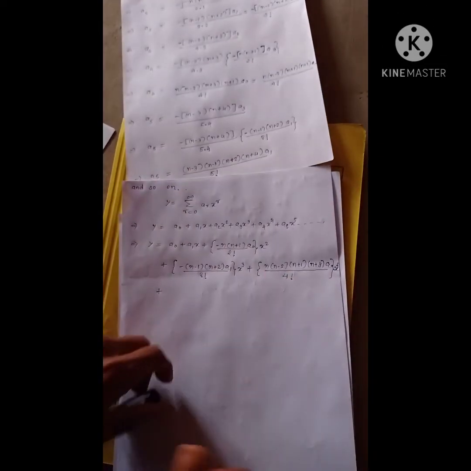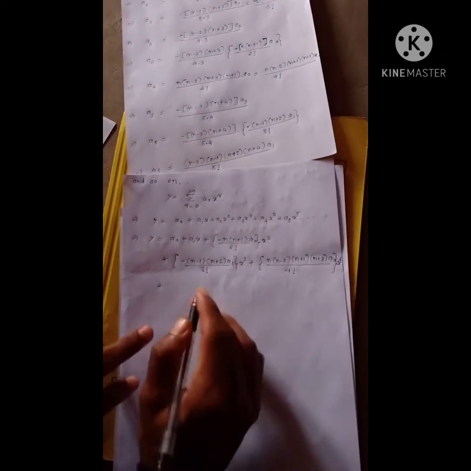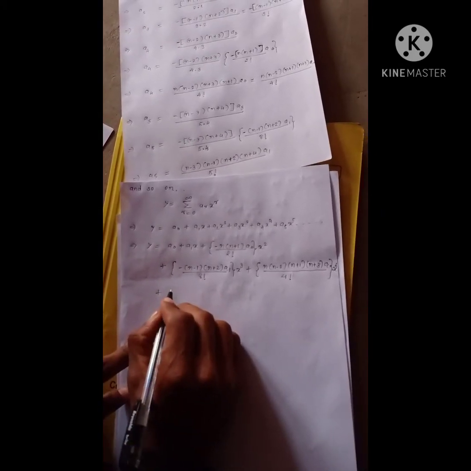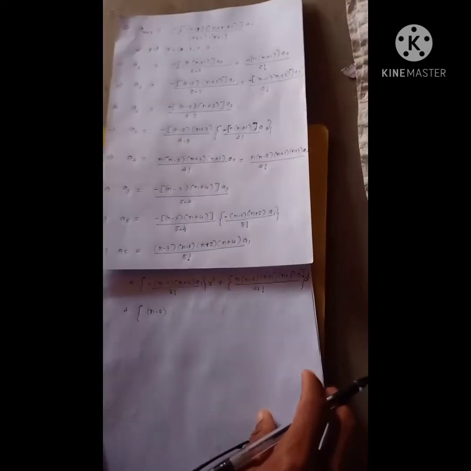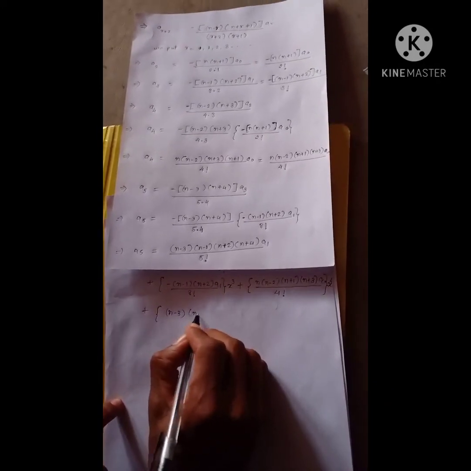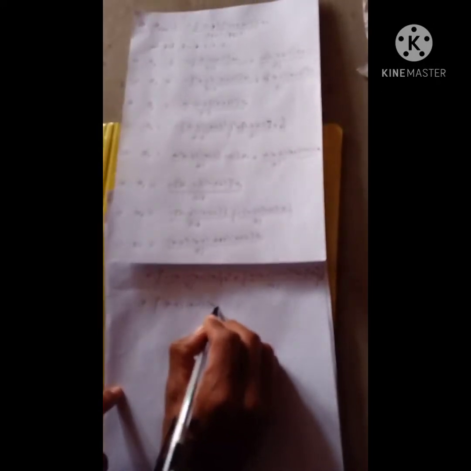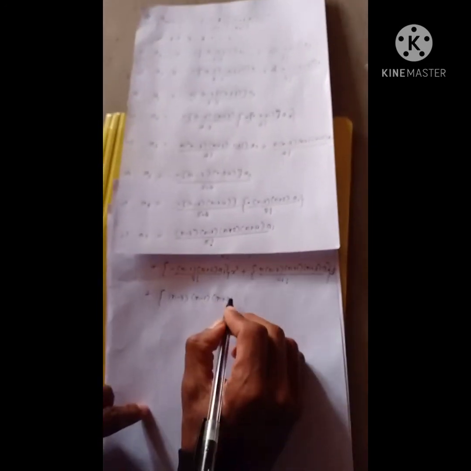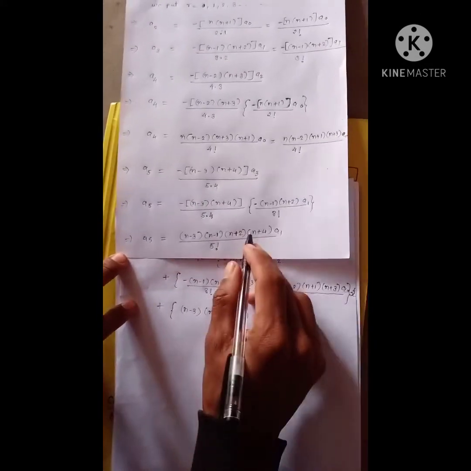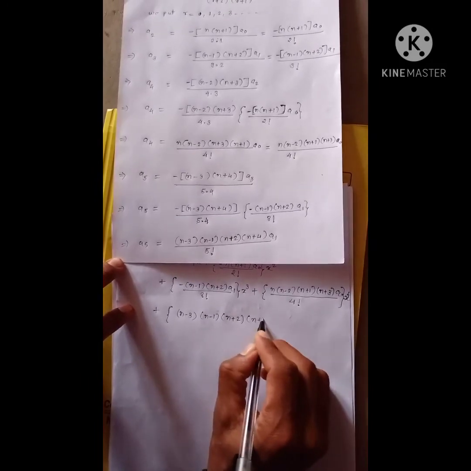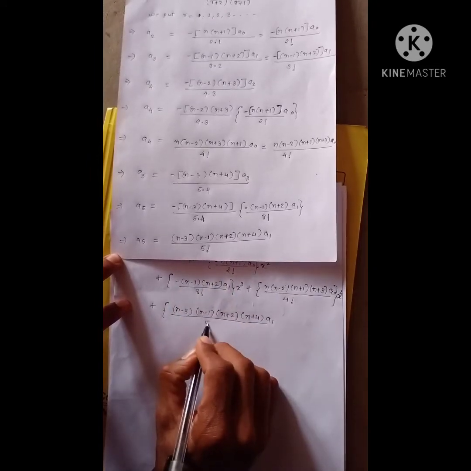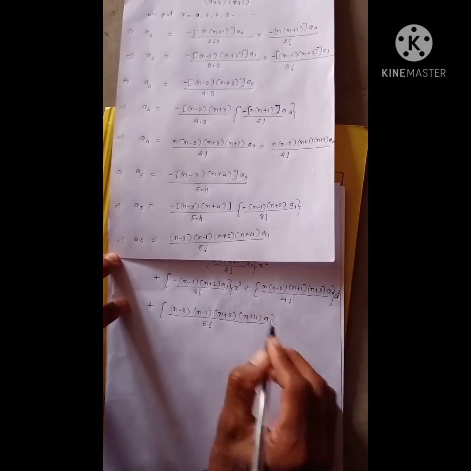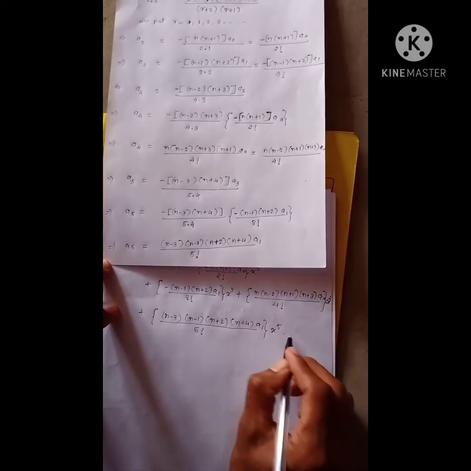This is the value of a5: (n minus 3) (n minus 1) into (n plus 2) into (n plus 4) into a1 upon 5 factorial into x to the power 5 and so on.